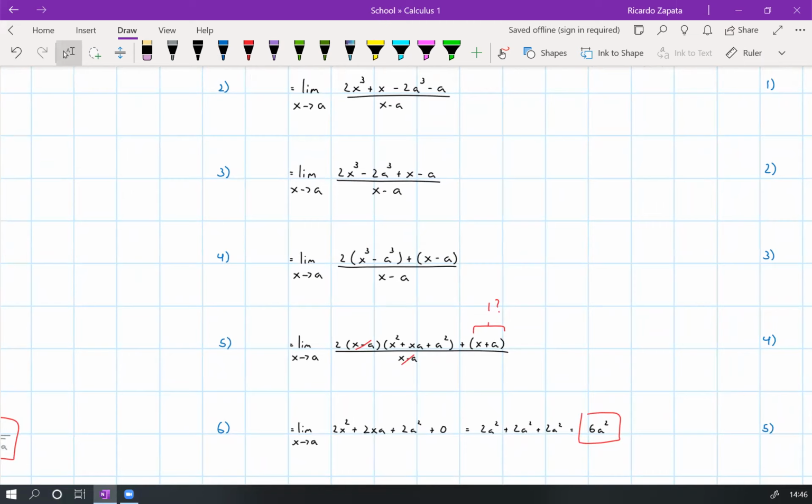Oh, I see the problem. Yeah, it is a 1. You canceled those x minus a's. You cannot cancel them because you have a plus sign in front of that x plus a. Right. Yeah. So you could cancel all the x plus a's and it would turn into a 1, right? Mhm.